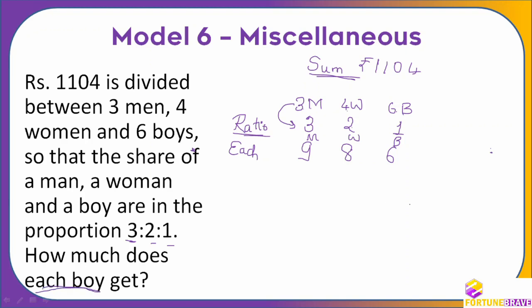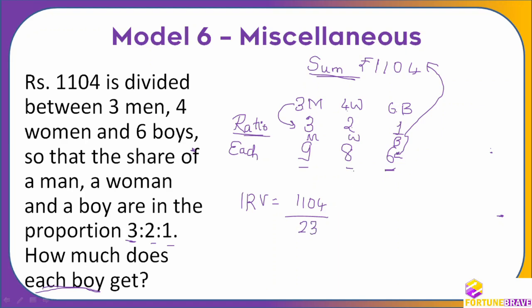What will each boy get? So to get that, what I have to do? Now this is the ratio value which is equivalent to this. So these are in the same units, right? So to find out one ratio value, 1 RV, 1004 divided by the total of this. 9 plus 8 is equal to 17. 17 plus 6 is equal to 23, right?